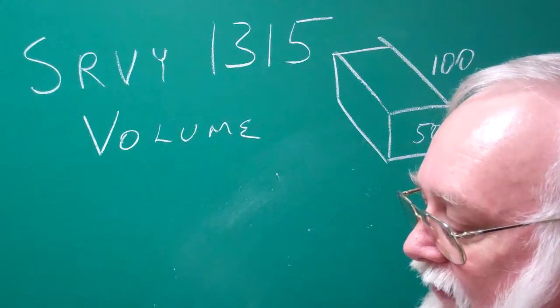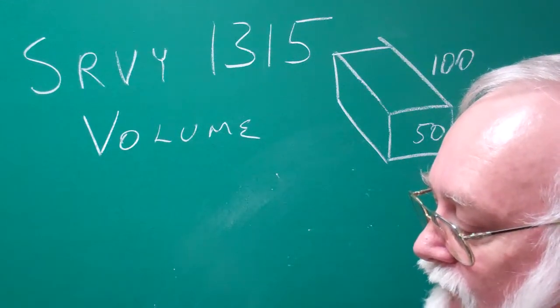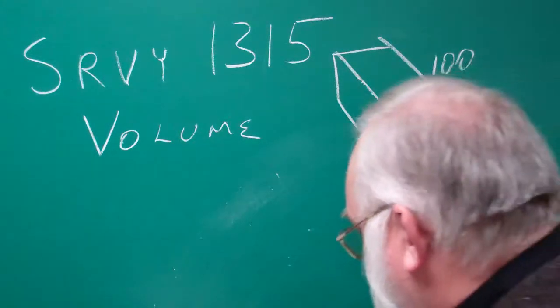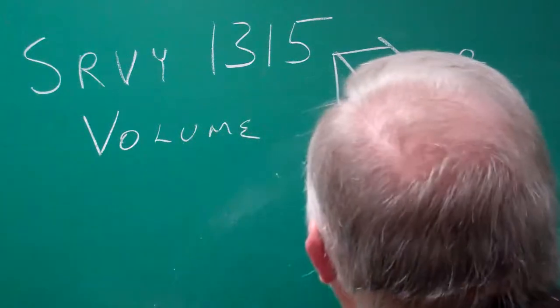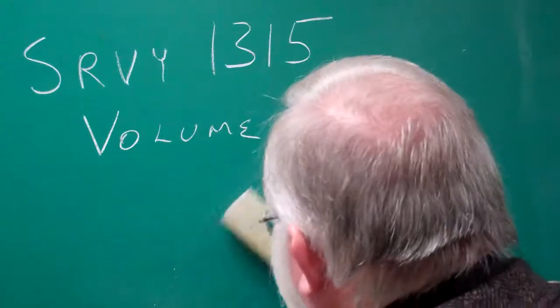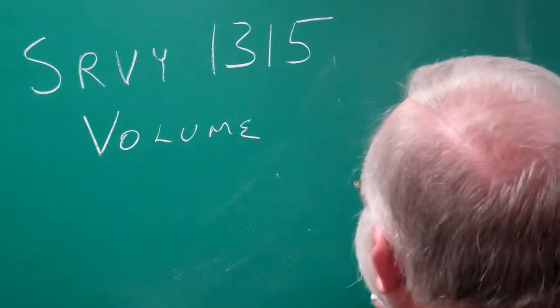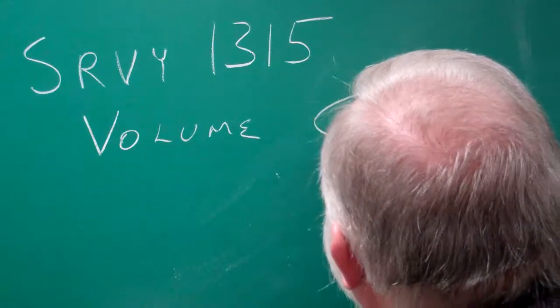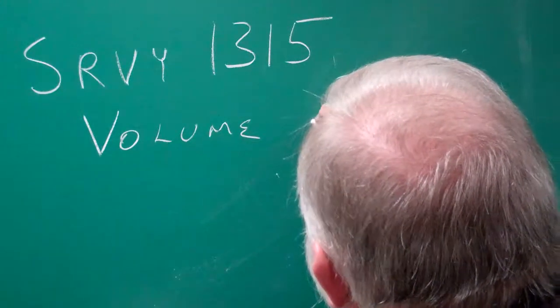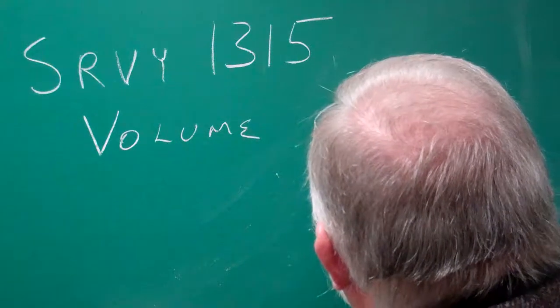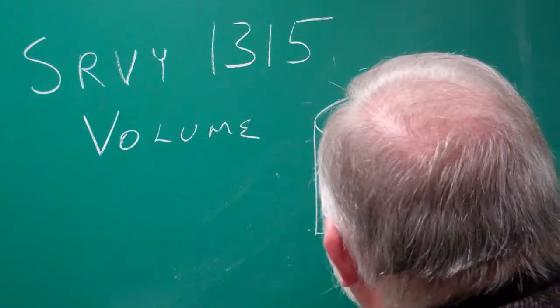A cylindrical tank 8 feet across and 12 feet high contains how much liquid? One of the things you're probably going to get tired of me saying, and sometimes I get tired of it myself, but it really works when you do it, is to solve a problem, draw it.